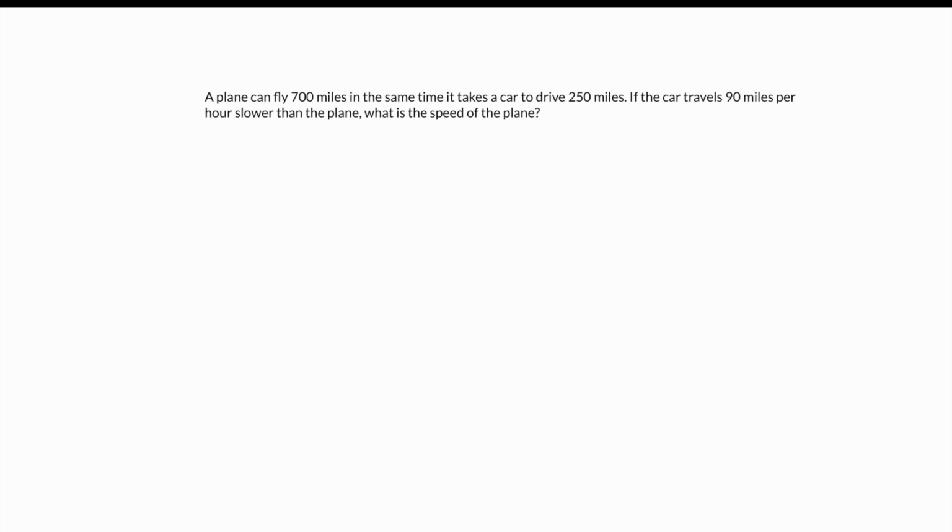Since this question is talking about distance, rate, and time, we will be using the formula d equals r times t. And specifically, it's a different variation where t equals distance divided by rate. You don't have to remember this variation of the formula.